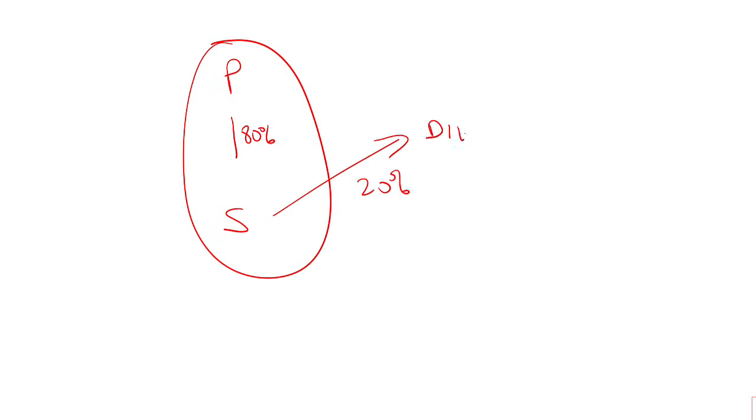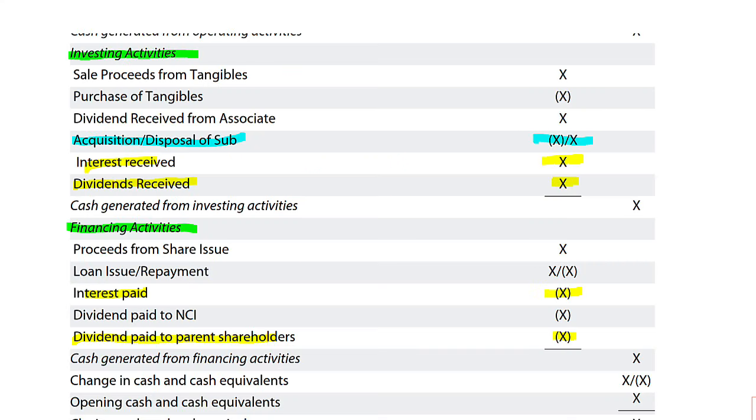And that's a dividend to the other owners of S, the non-controlling interest. We're going to talk about that very shortly. So we see this extra line here, which I'm highlighting again in blue, dividend to NCI. We'll see it in just a few minutes.